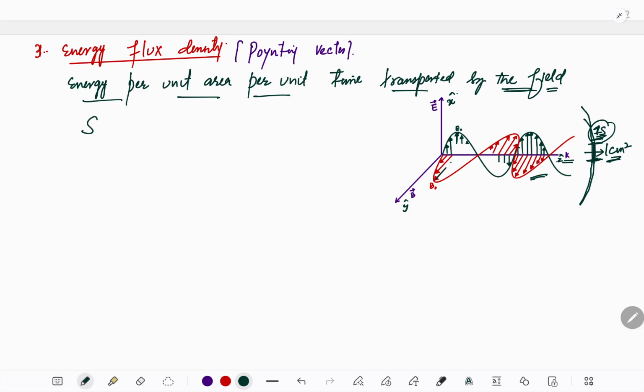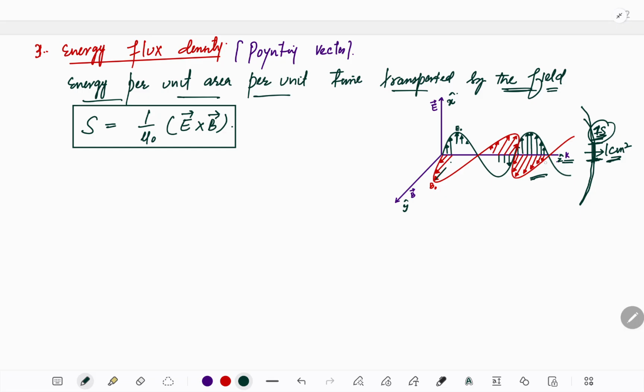That is S, and S we know is 1 over mu 0 E cross B. It's very simple. And I hope now you get that this must be somehow connected to energy density as well. Why? Because energy density is energy per unit volume.